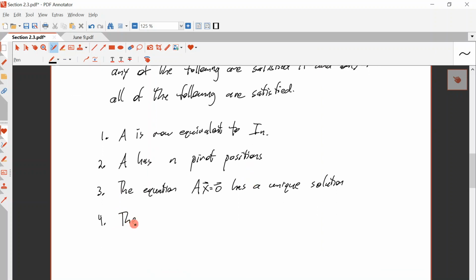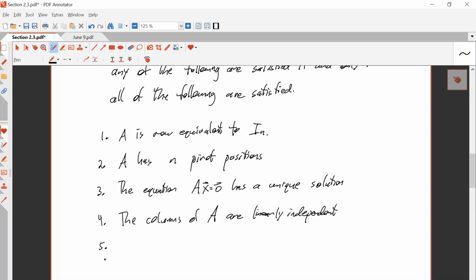4. The columns of A are linearly independent. Right, well, we talked about that in the section on linear independence. You row reduce to echelon form or reduced row echelon form, and you see how many pivots you've got.